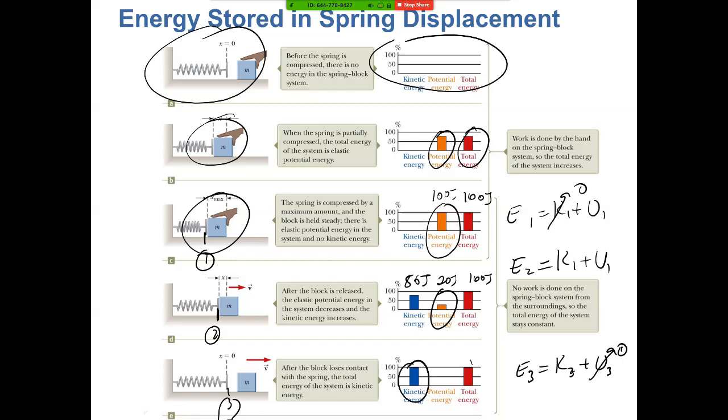You can see all energy is kinetic. That means it has to be 100 joules, because the total energy in my system was always 100 joules. That means elastic potential energy was converted to kinetic energy as we moved from point 1 to point 3. So the entire time, as the spring force was doing positive work, the kinetic energy was increasing, but the potential energy was decreasing.